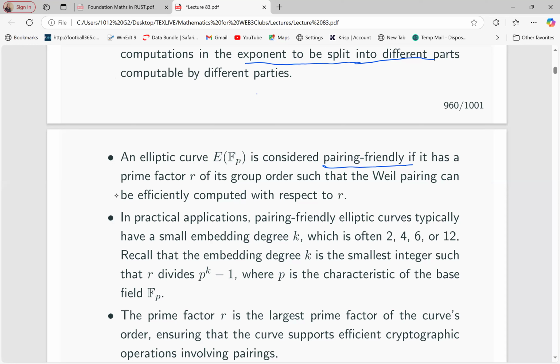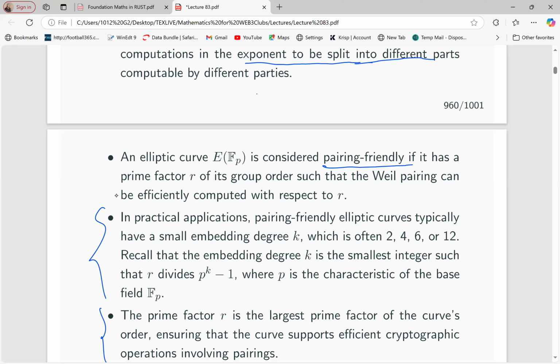I'll show you some of the properties that they should have. But pairing friendly elliptic curves, as the name suggests, are elliptic curves on which we can do Weil pairing.